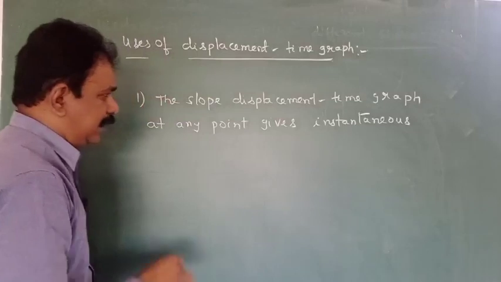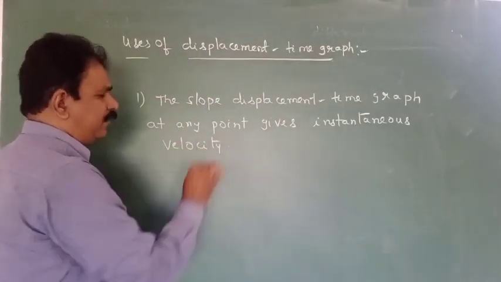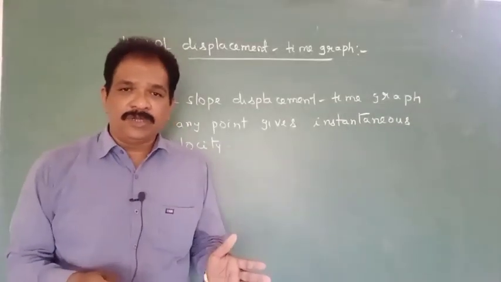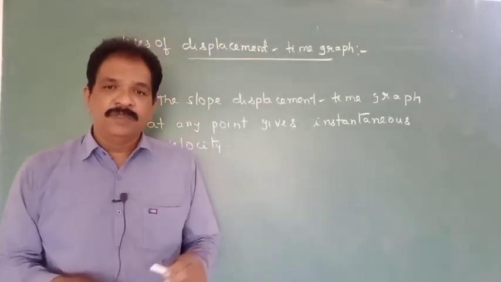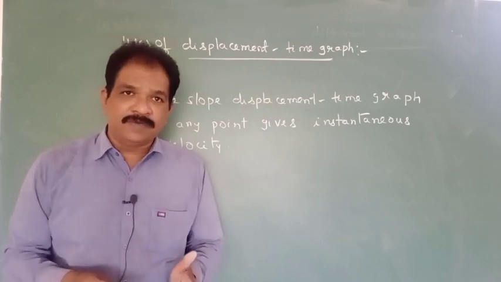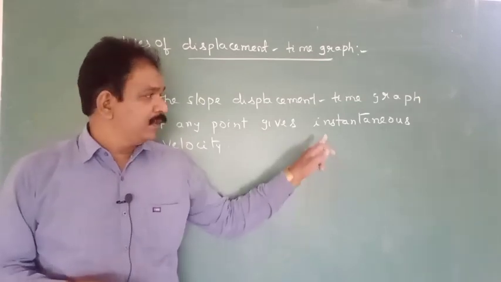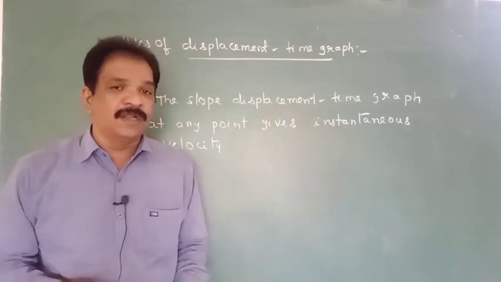What does instantaneous velocity mean? The velocity of a body at a particular instant of time is called instantaneous velocity.